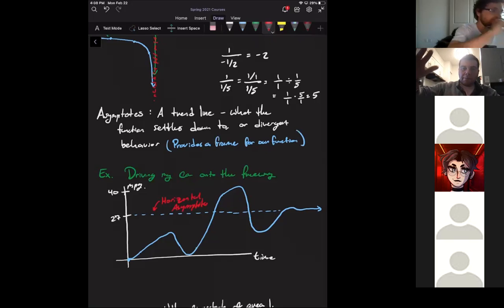There are hills that I go up or down that would improve or lessen my gas mileage. But that 27 is just a trend line. That's what our horizontal asymptote is trying to capture. All right, questions on this example of a horizontal asymptote? Or is there anything anyone's wondering at this point? Okay.